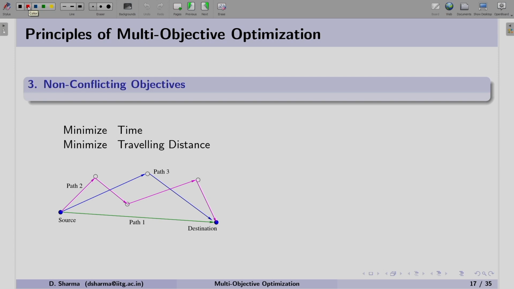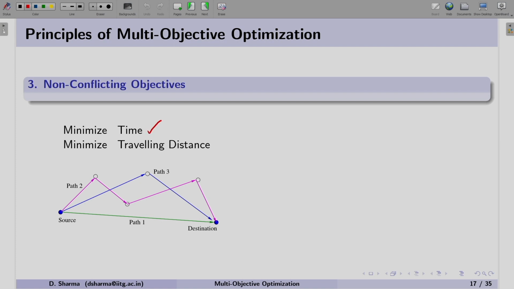The third principle is non-conflicting objectives. Since the beginning of this session, we have always emphasized that as and when we have more than one objective, those objectives should be conflicting in nature. Let us take the given example here.